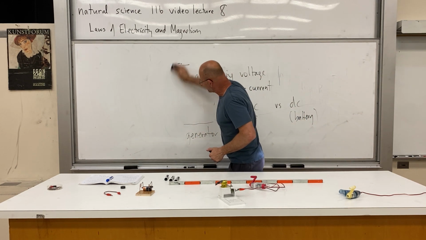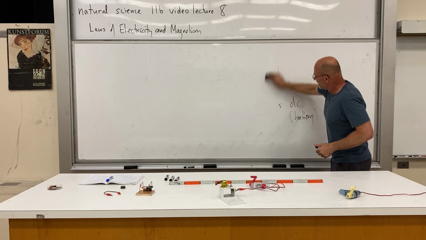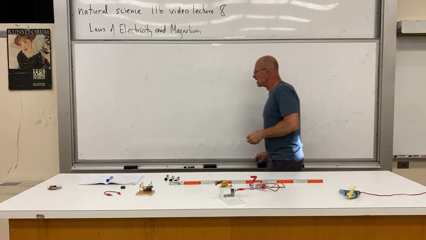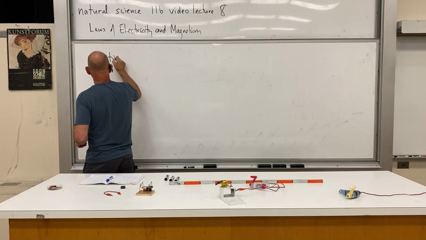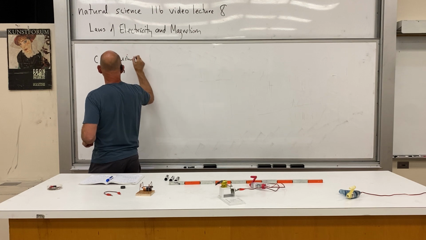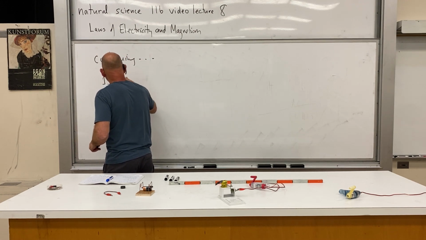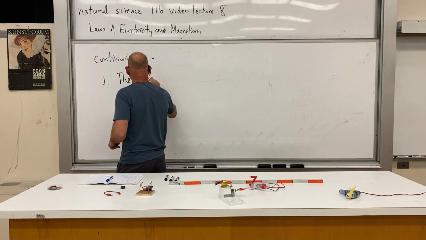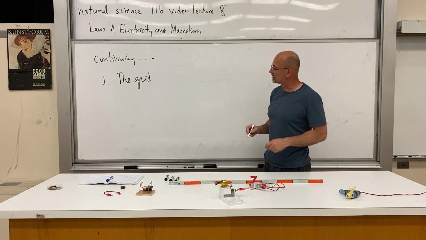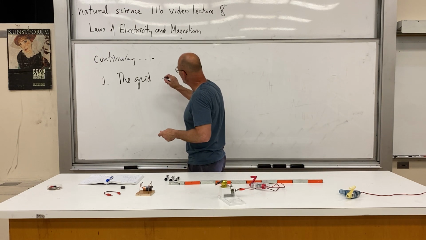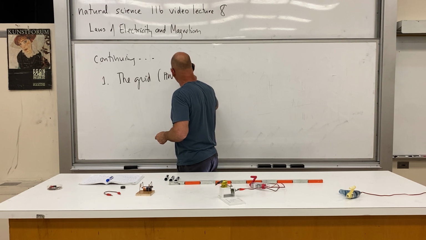We have just a couple more topics. So continuing, one topic is the grid. So you could say the grid, you have to understand transformers. For homework, get some images.